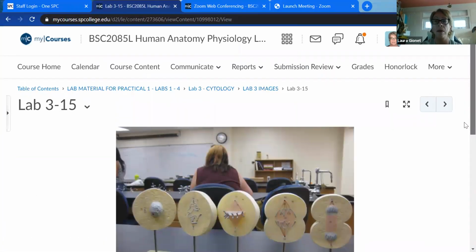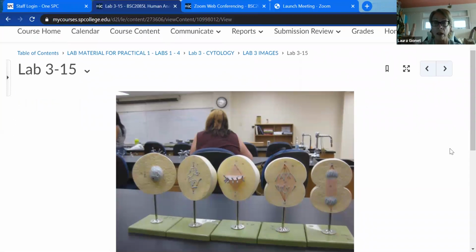Right? Then we have cell on stick models, I call them. Here we have an interphase, prophase, metaphase, chromosomes lined up in the middle, anaphase, chromosomes start to be pulled apart, and telophase.